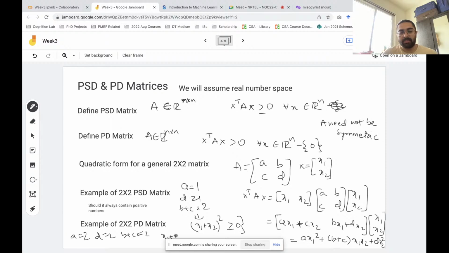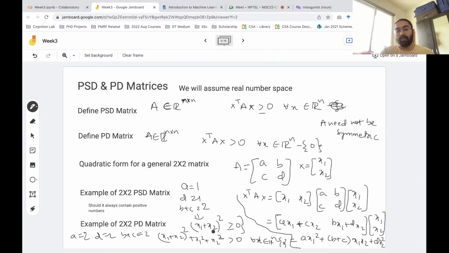This would correspond to (x1 plus x2) the whole square plus x1 squared plus x2 squared, which is greater than 0 for all x vectors belonging to R power n minus 0. Because here, in the first term alone, it's possible that it will become 0, since I can always choose x1 and x2 such that the sum is 0.